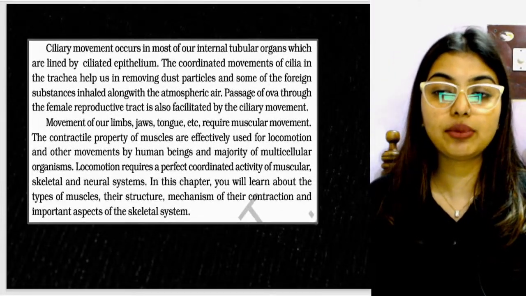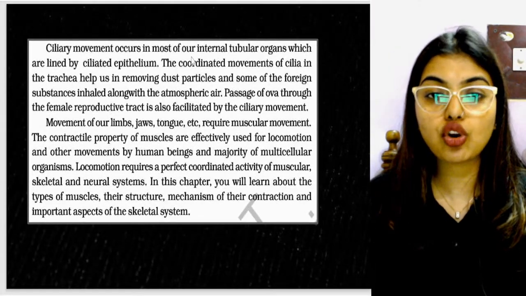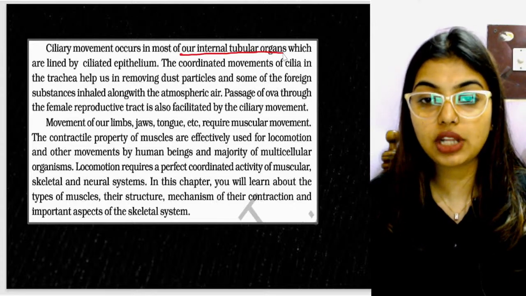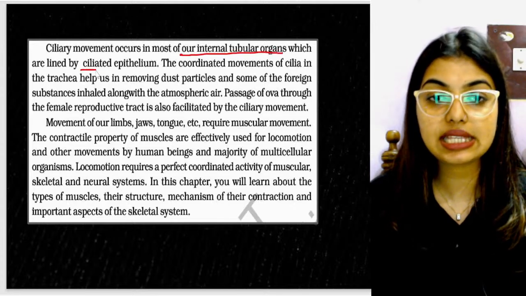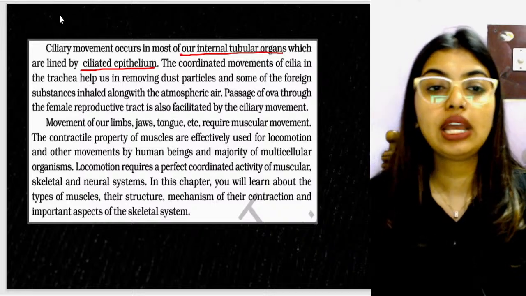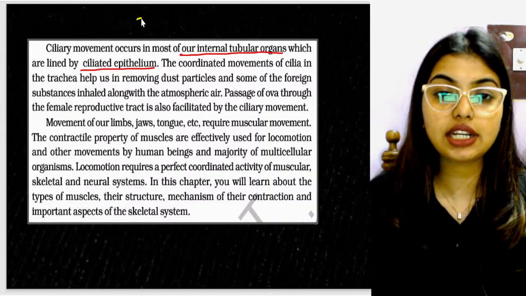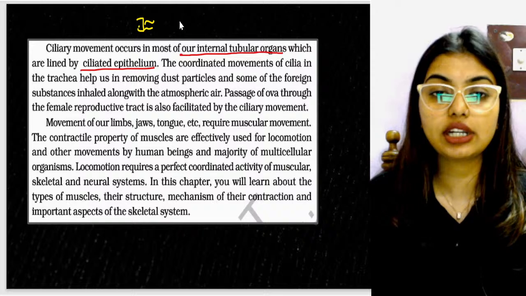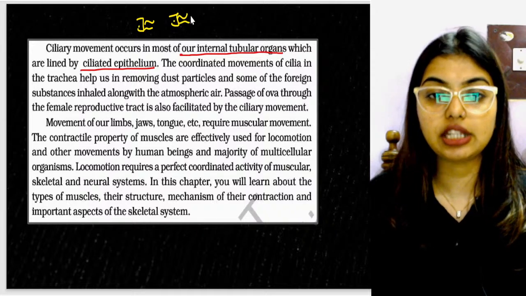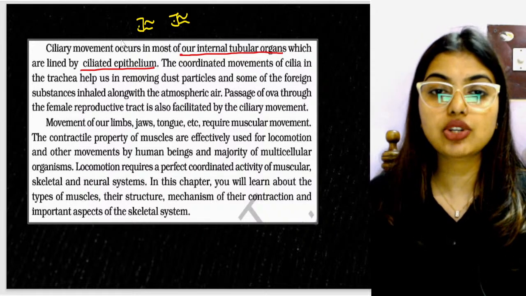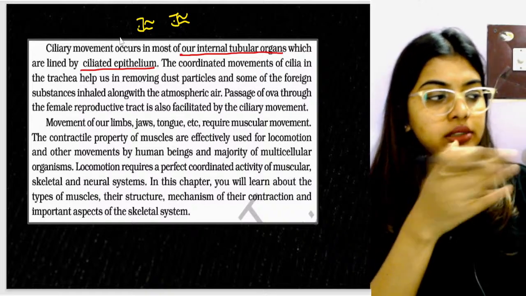Now, ciliary movement occurs in most of our internal tubular organs, which are lined by ciliated epithelium. As I told you, they will have columnar ciliated epithelium or cuboidal ciliated epithelium. So when they have this kind of cilia, what is going to happen? It is going to tell, please go this way.